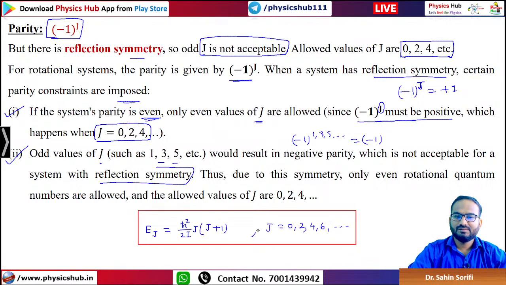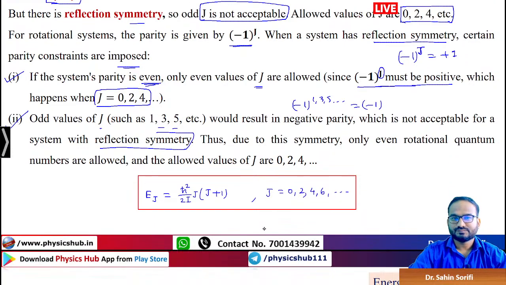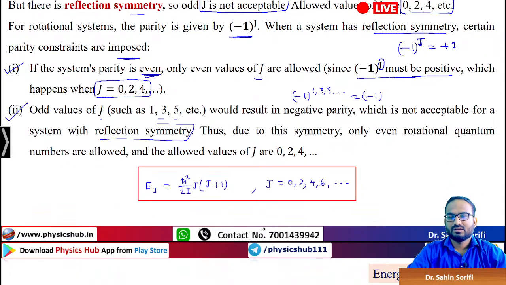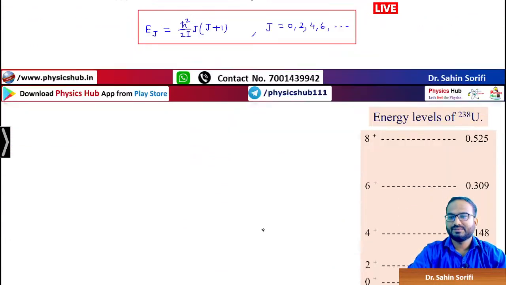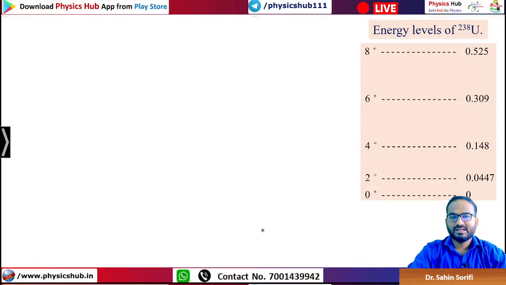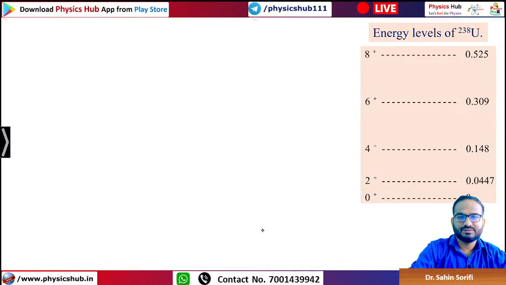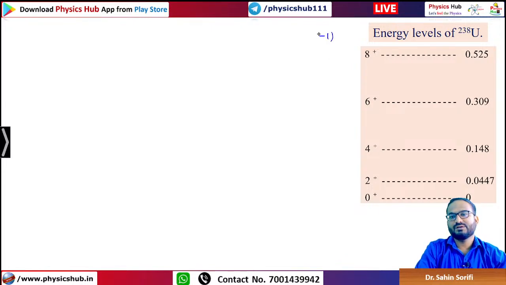So one example of rotor nuclei you can say is uranium-238. I am giving one example of uranium-238. You see, as the allowed values are 0, 2, 4, 6, and for all of them parity is (-1)^j. If you take j to be even, (-1)^j will always come out to be plus.